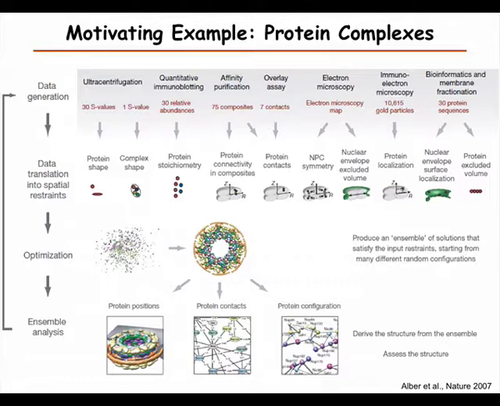They took ultracentrifugation to get shapes of complexes, affinity purification to get interaction partners, and electron microscopy to get larger overall shapes. Then they put all these together and did simulations to determine roughly how this large protein complex functions. And that's something where we definitely need to work on the protein level to be able to determine how these protein complexes are put together.